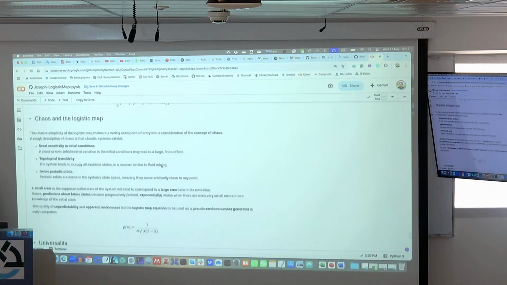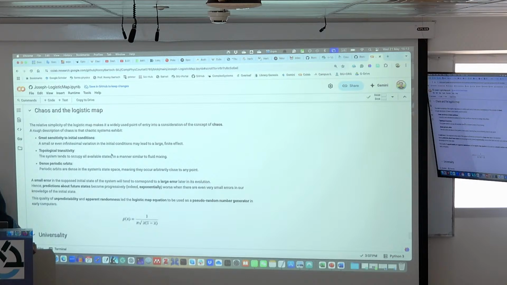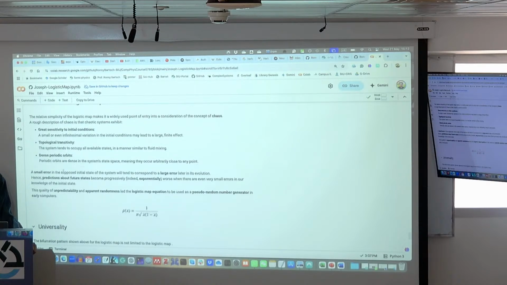And we talk about chaos and the logistic map. The content of chaos is first a great sensitivity to initial conditions, topological transitivity, and dense periodic orbits. A small error in the supposed initial state of the system will tend to correspond to a large error later in the evolution.